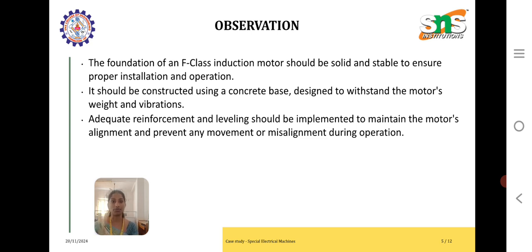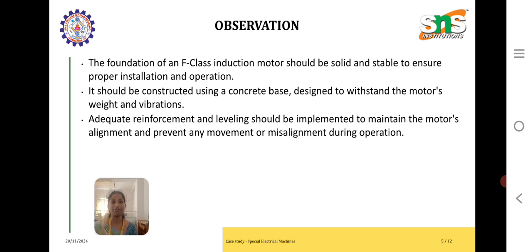The observation is that the foundation of an F-class induction motor should be solid and stable to ensure proper installation and operation. It should be constructed using a concrete base designed to withstand the motor's weight and vibrations.